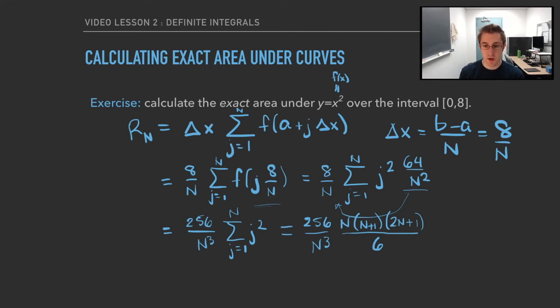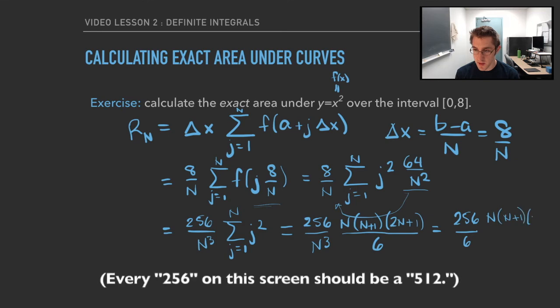So we've removed all the summation stuff from this, and I'm going to rewrite it like this: 256 over 6 times n plus 1 times 2n plus 1 over n cubed.